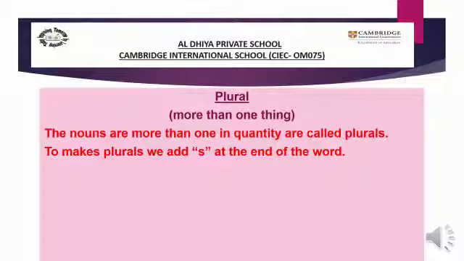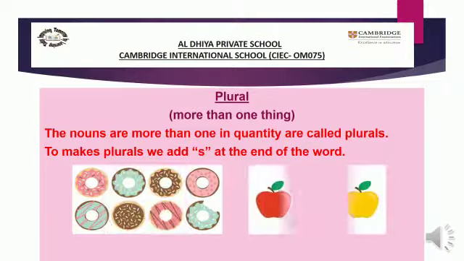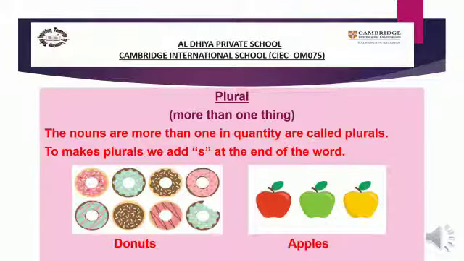And generally, to make plurals, we add s at the end of the word. Okay, generally it's a general rule. Look at the picture here, donuts and apples. You can see in the first picture there are 8 donuts, and what I am pronouncing now is donuts.